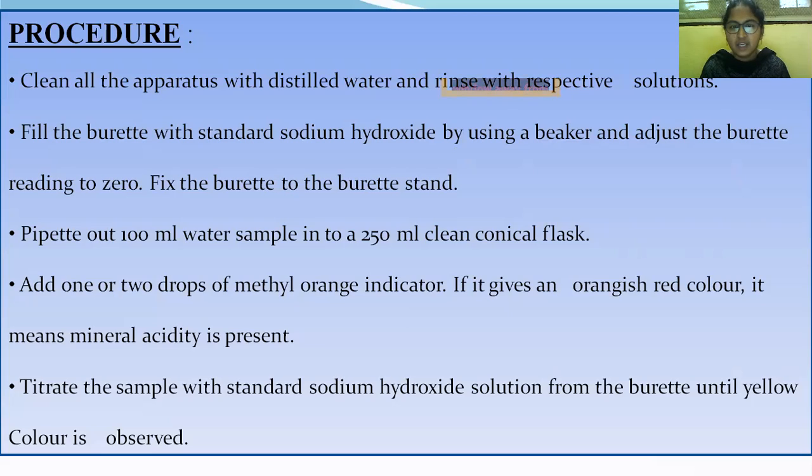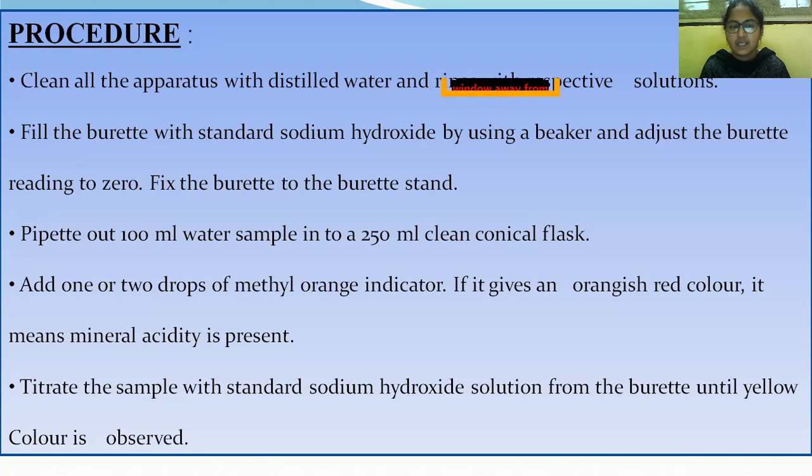So first fill the burette with standard solution, that is sodium hydroxide solution, and take 100 ml of water sample in a conical flask and add 1 to 2 drops of methyl orange indicator. So that solution turns to orangish red color. If it turns to orangish red color, it means mineral acidity is present.